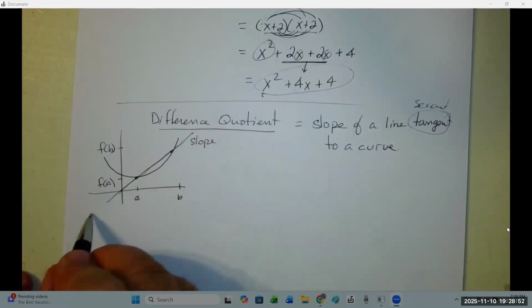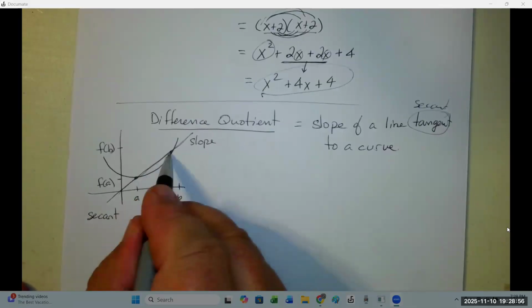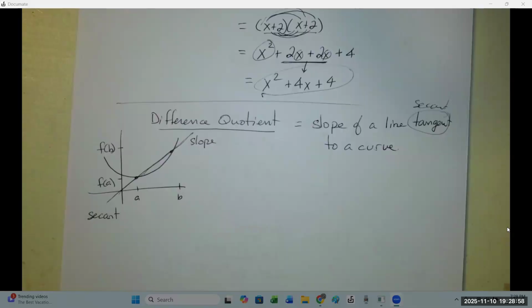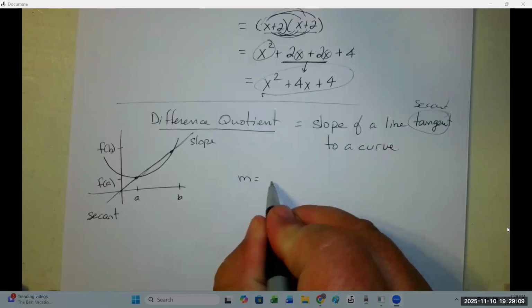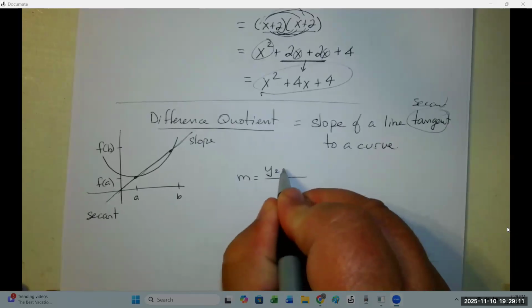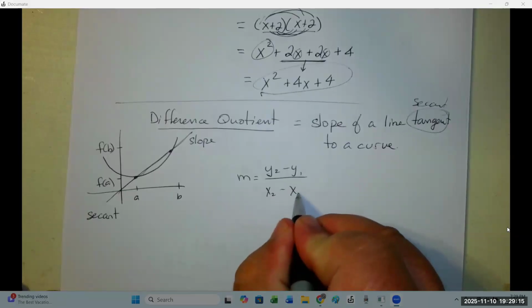This line is called a secant line because it goes through the curve at 2 points. It looks familiar because that's exactly how we found the slope the first time. Remember, it was y2 minus y1 over x2 minus x1.